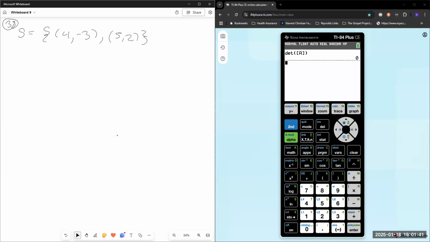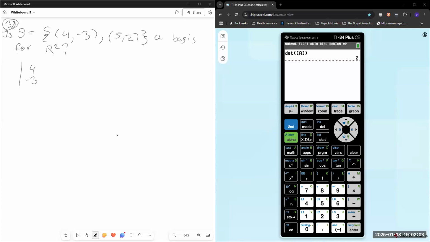And is this set a basis for R2? That's my question. So let's go ahead and find out.